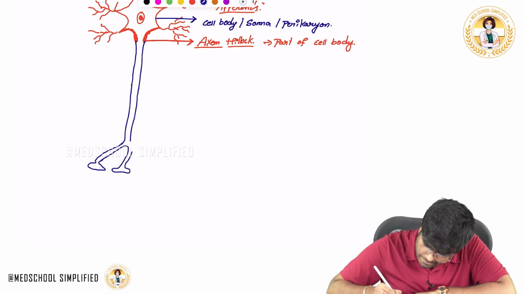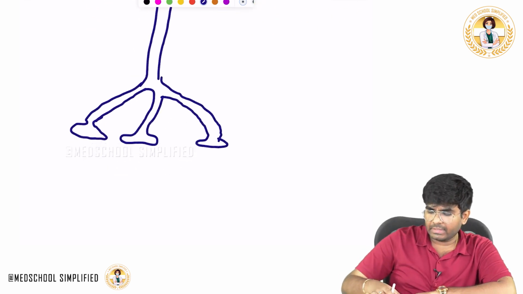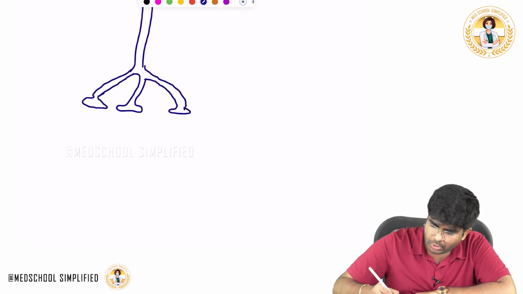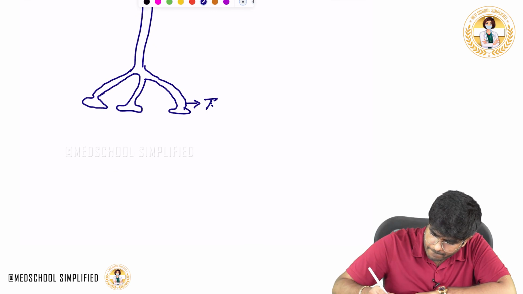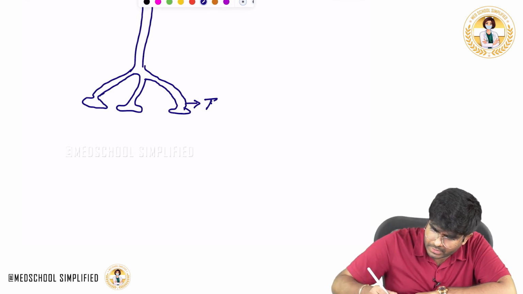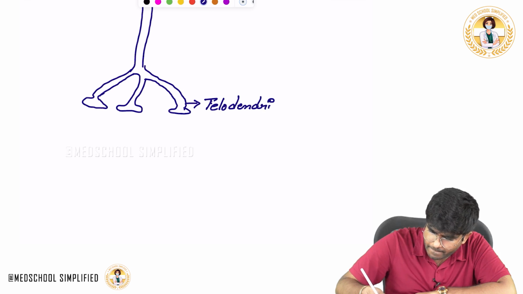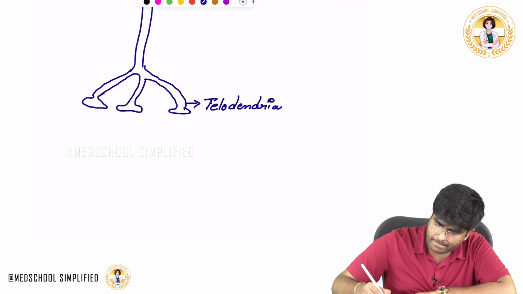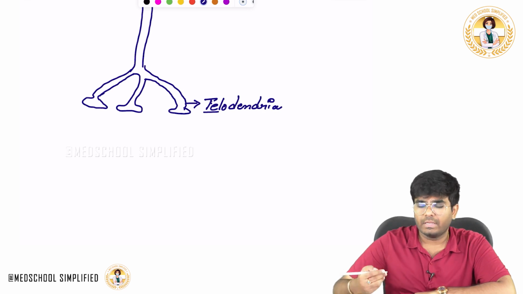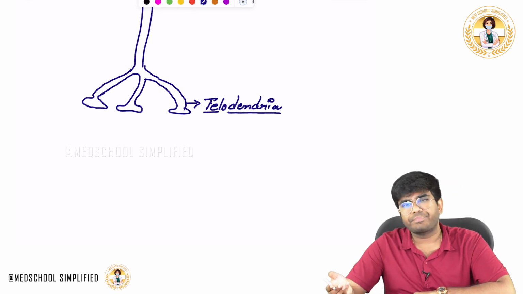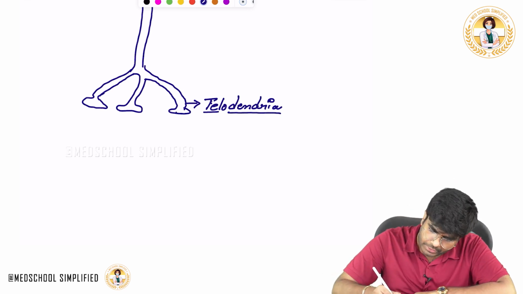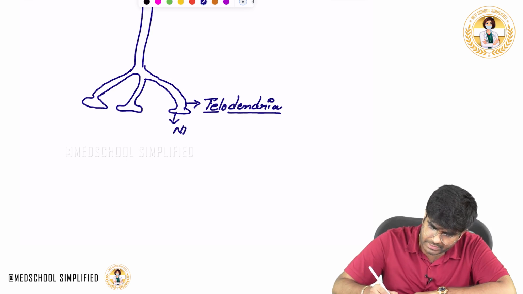These are called nerve terminals, and you can also call them telodendria. Telo means last, final. Dendria means like dendrites. From here, the neurotransmitters will be released.